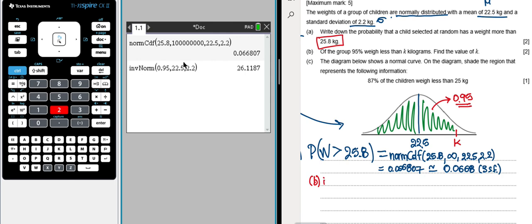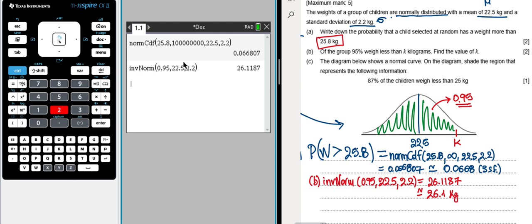So let's write down the inverse normal of 0.95, 22.5, 2.2. Let's put the full answer that we have there, 26.1187, and then the rounded answer to 3 significant figures. Maybe I can fit it on the left now. That's okay. I can put it here, 26.1, and that would correspond to 26.1 kilograms.